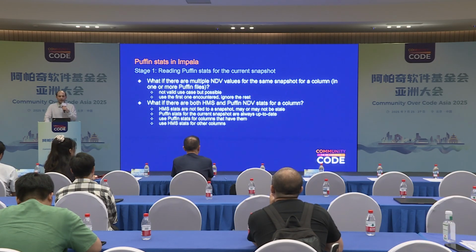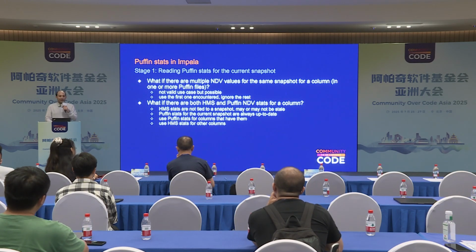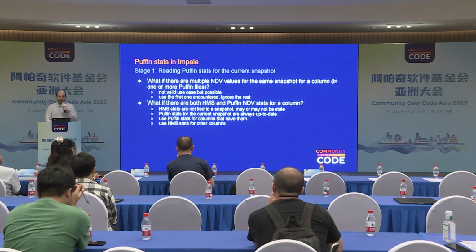I don't see a valid use case for that, but it's not prohibited by the standard. For example, it could happen if you have engines computing stats concurrently. Now, I think it's very simple to deal with this situation because these stats are calculated for the same data, because it's the same snapshot. And it should be the same algorithm because it's Apache theta sketches.